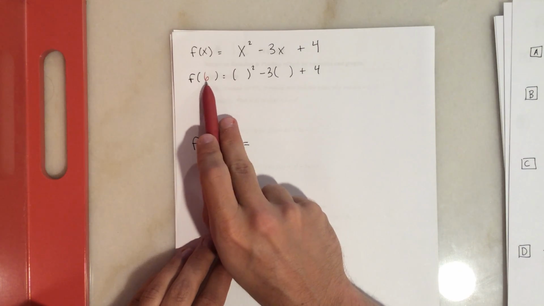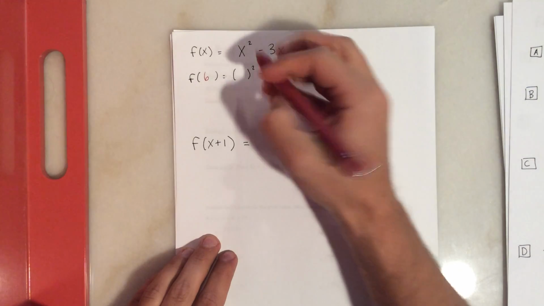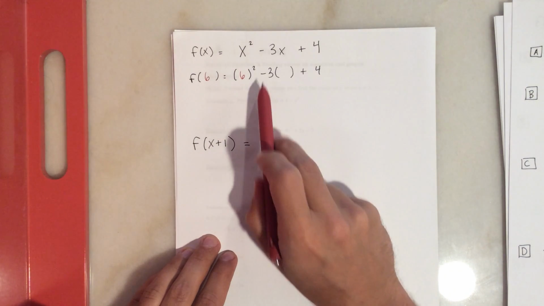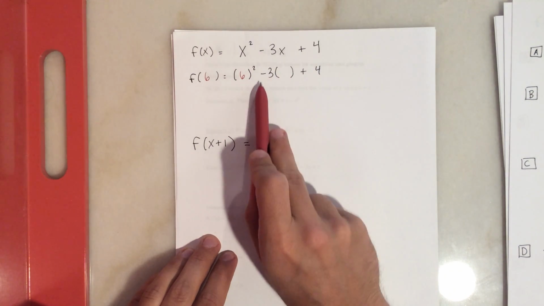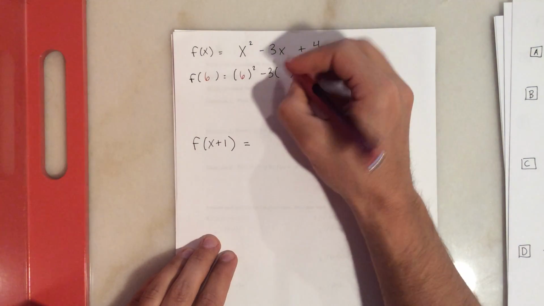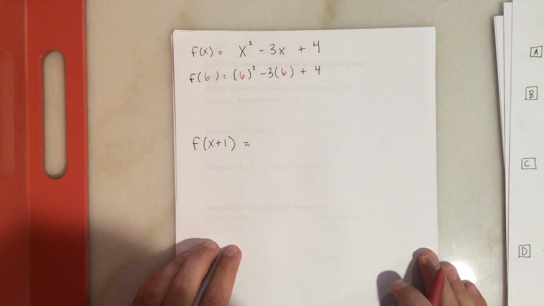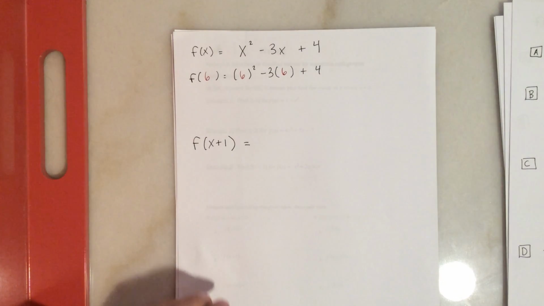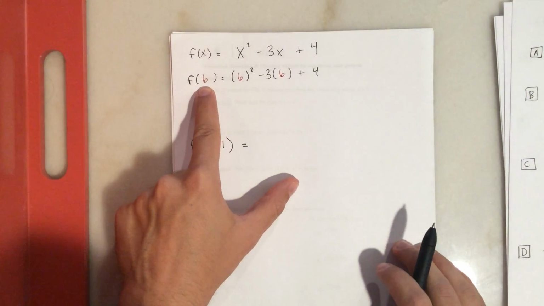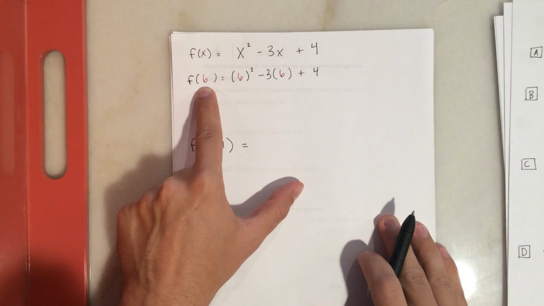So we would say, okay, instead of x squared, f of 6 would be 6 squared. Instead of minus 3x, it would be minus 3 times, plugging in that 6, times 6, plus 4, and we'd get some answer. Okay? And this is true of any number, yes, but it's really true of anything.